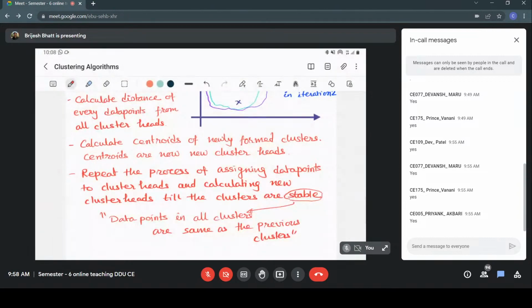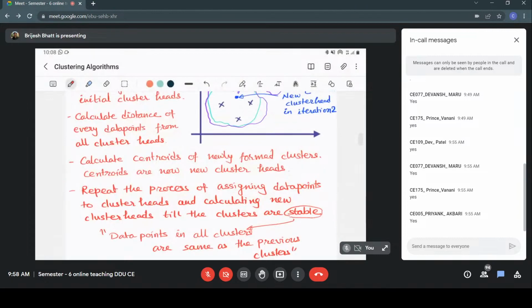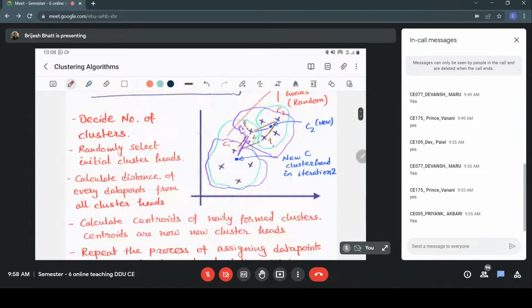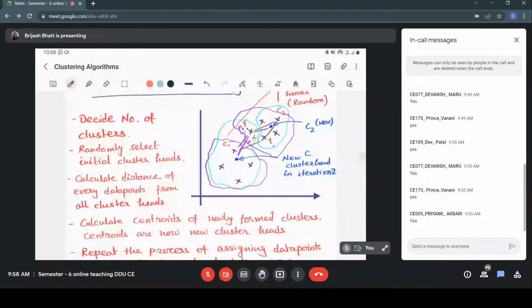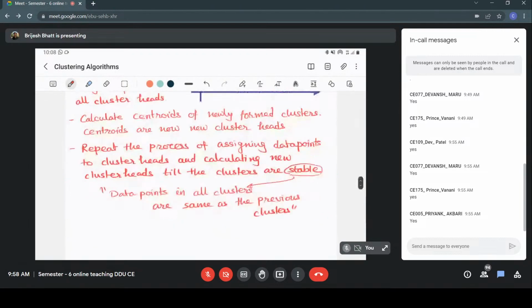Right? This is what we mean by stable clusters. As we have seen here, in the first iteration the data point P1 has moved from cluster 1 to cluster 2. So we need to iterate one more time and see if any other points are moving between clusters. We keep repeating this until there is no movement of data points from one cluster to another. When we reach there, we say that the clusters are stable and the algorithm can stop.